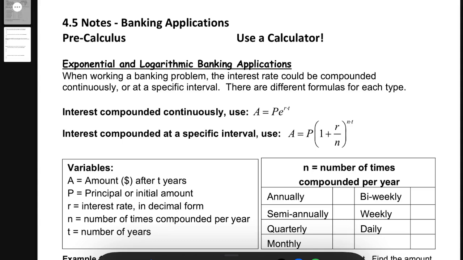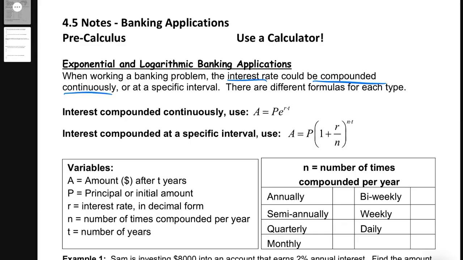So when working with banking problems, we know that interest rate in terms of savings type accounts adds money to your account. On a loan, it adds money to the amount you owe, and that's the price you pay for paying it out.